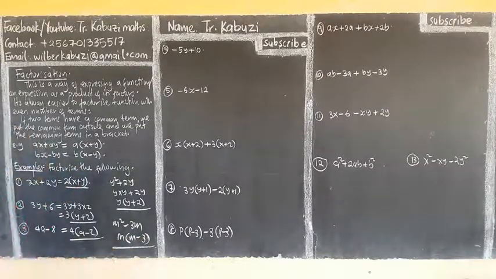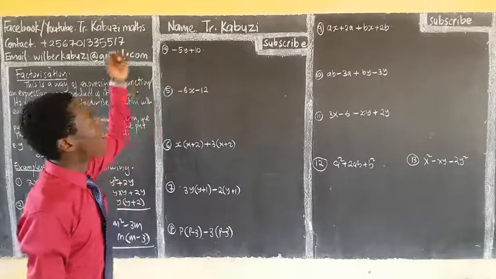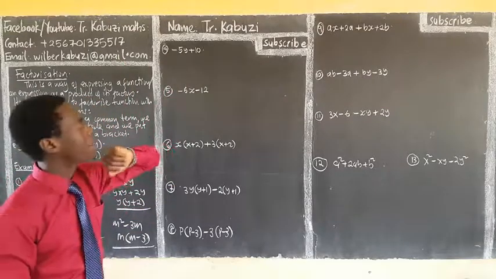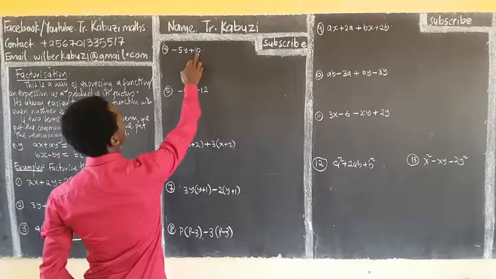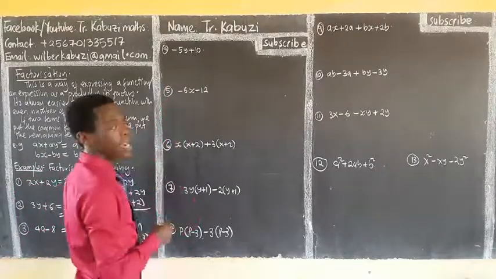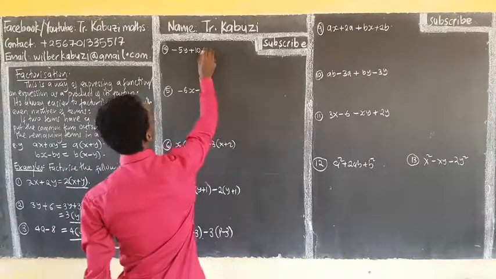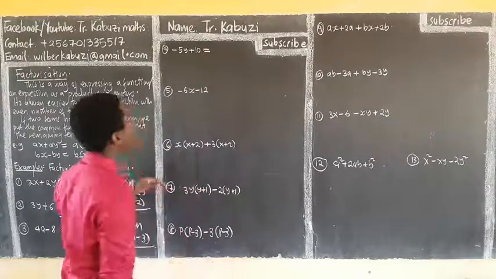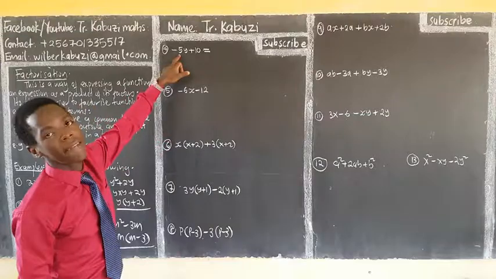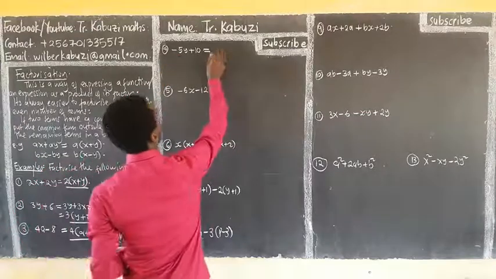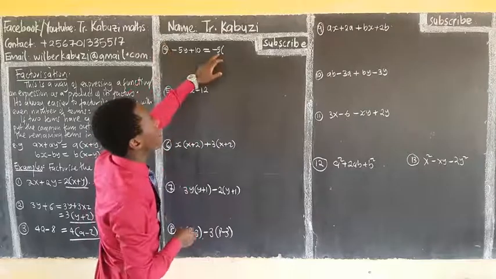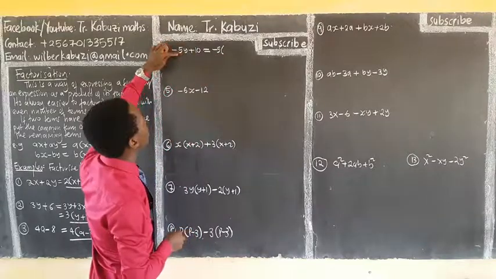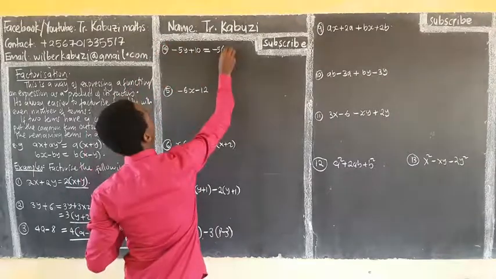As simple as that. When we come to this now, when we are having negative terms, be careful. Here I have negative 5, but you see that 10 is a multiple of 5. So it means that now I'm going to remove a negative 5 here. Divide by negative 5. When you divide here by negative 5, you remain with y.